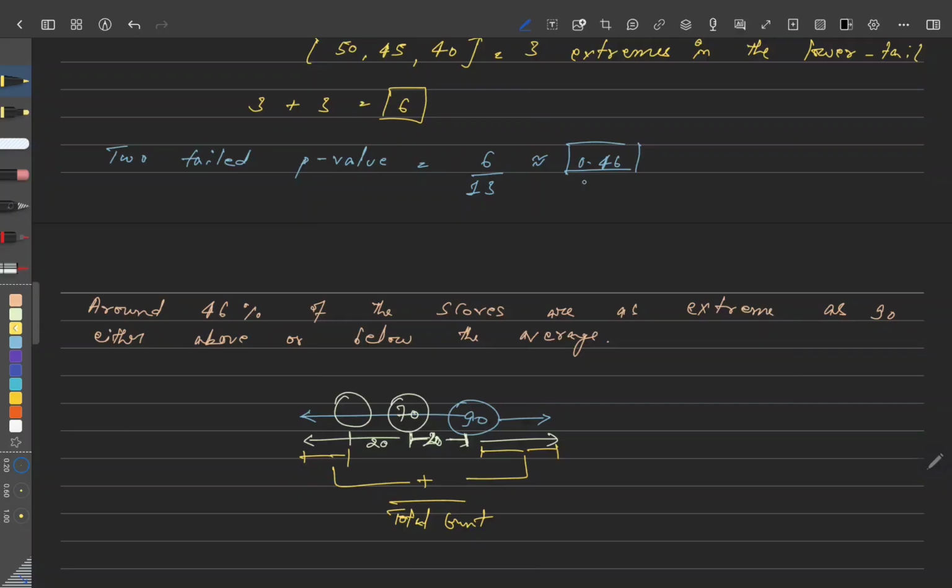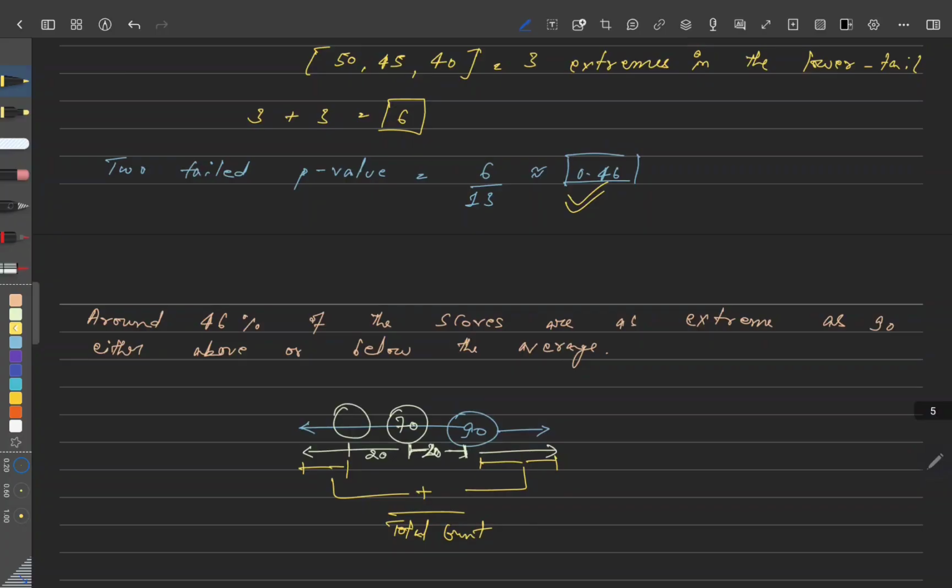Okay, so you scored good because only 23% scores are above you, which is the upper tailed p-value. However, the class's result is not good because almost 50%, which is very close to the 46% that we got here, of people scored far below average as those scoring high. 46% of the people scored far below average, as those scoring high.